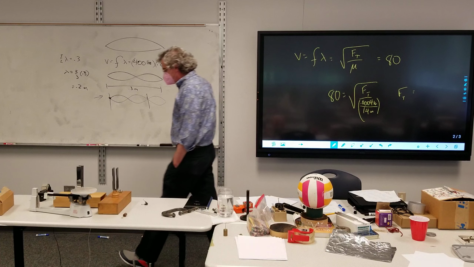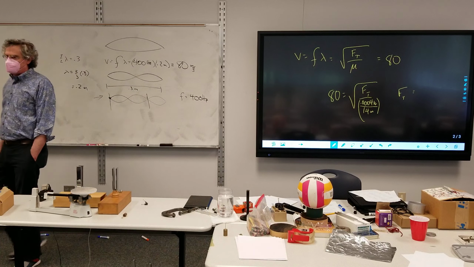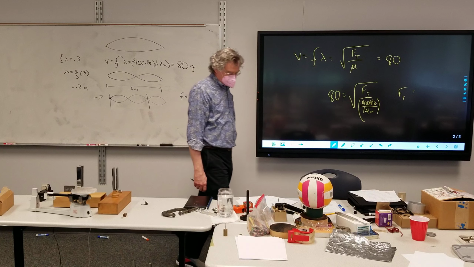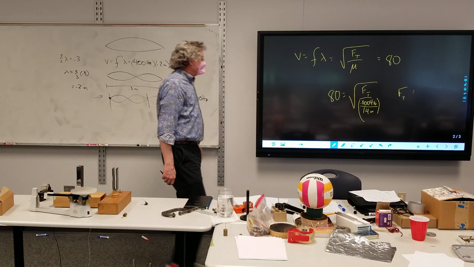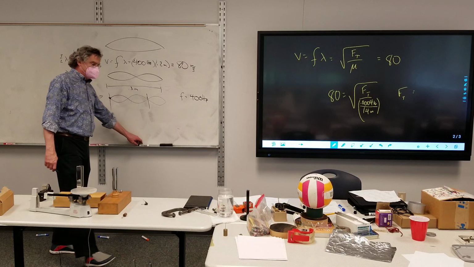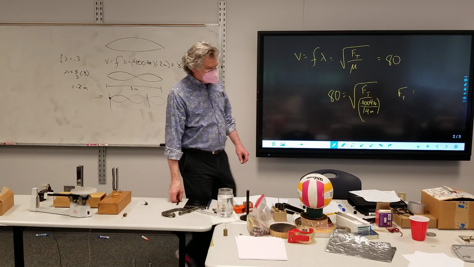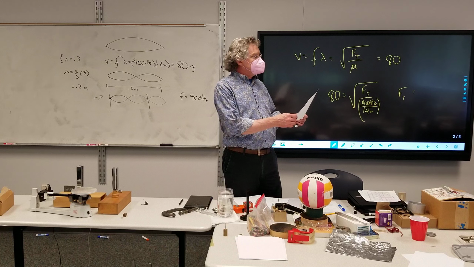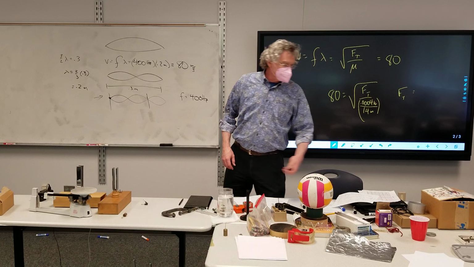The last one is, what is the wavelength of the sound in the air? I give it room temperature, so the speed of the wave is about 340 or so meters per second. If I gave speed of sound in the air, about 343 meters per second, that's on the front page.